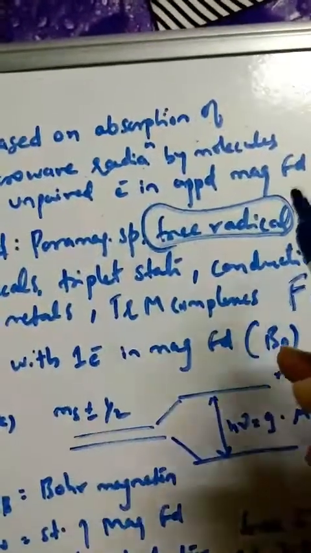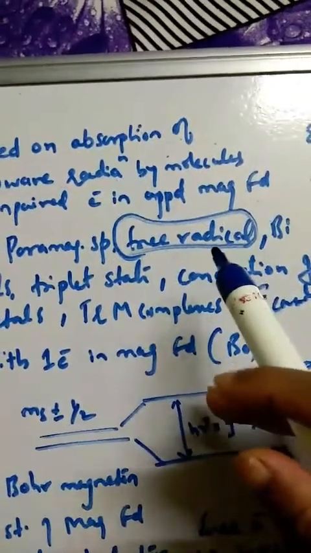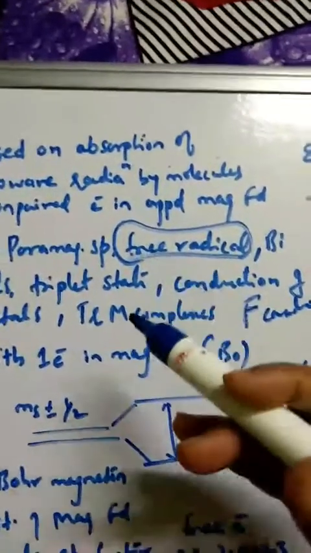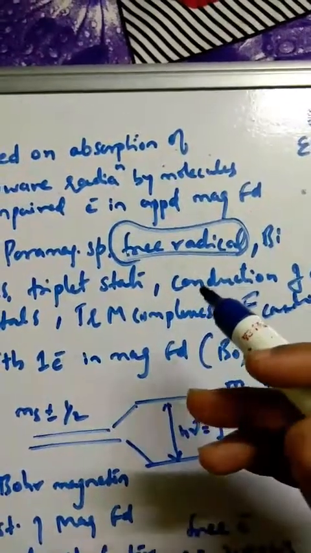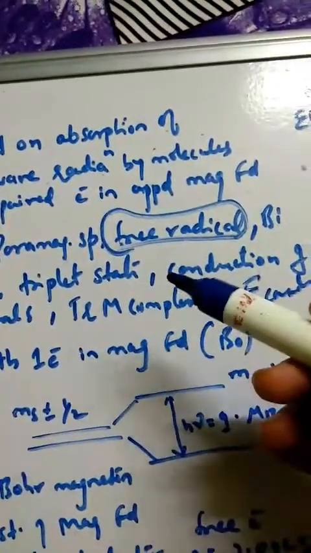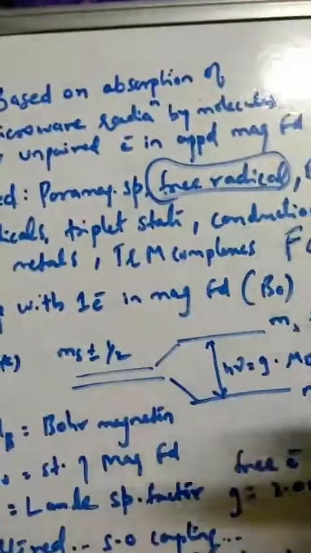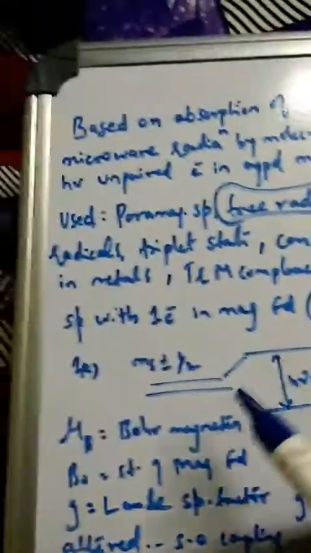Overall we can use this application in biology, chemistry, physics, and for detection and identification of free radicals in gases, solids, liquids. So the application part is vast, very versatile, I can say.